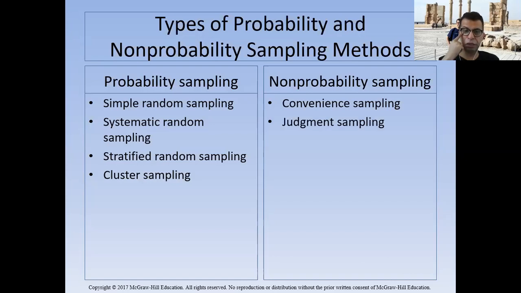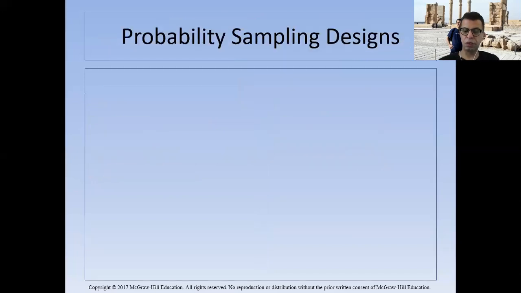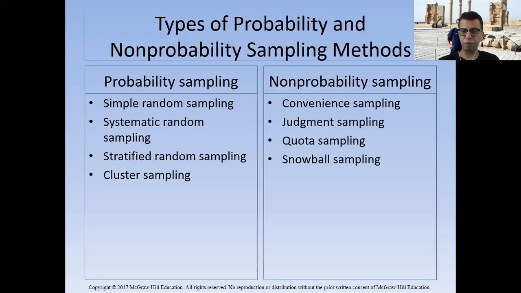Then there is judgment sampling. As I said, you're judging that every white male would not answer your questions. Quota sampling is where I'm just going to ask 100 people, or for 1 hour. And snowball sampling: one person, then you end up asking the same type of people, 2 people, 3 people, the same type. So that's snowball sampling. This is the difference between probability sampling and non-probability sampling.